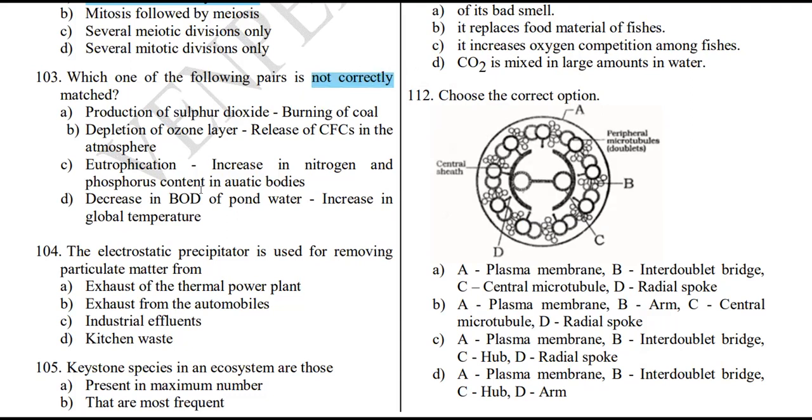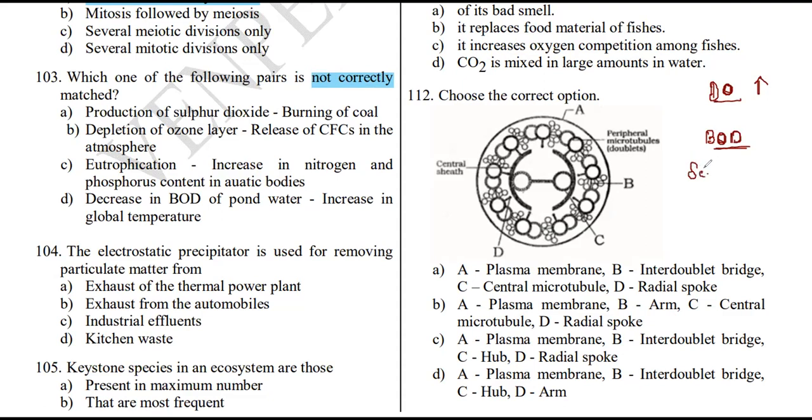Suppose we are talking about BOD. First you have to understand BOD, biological oxygen demand. Very importantly, any living organism wants dissolved oxygen. What is BOD? Biological oxygen demand. So when does the oxygen become less?